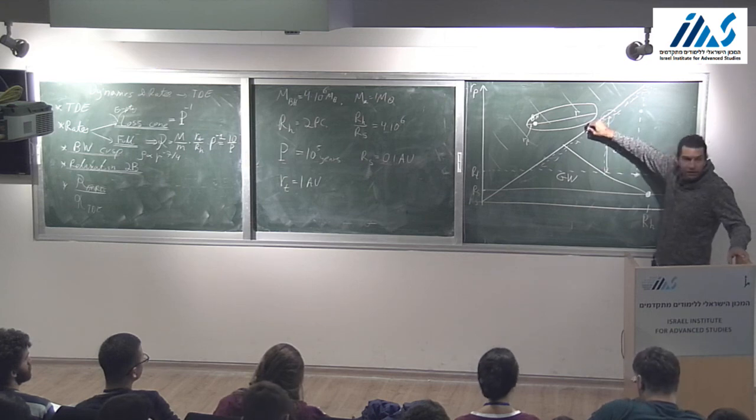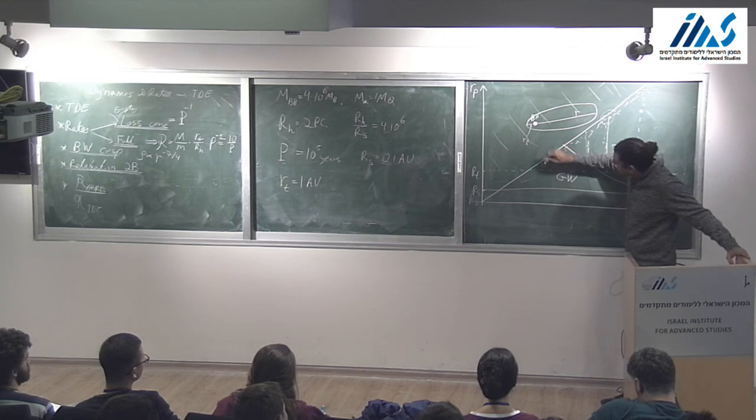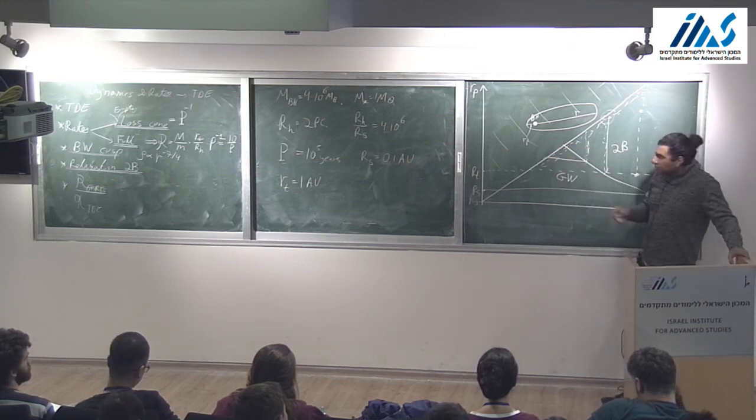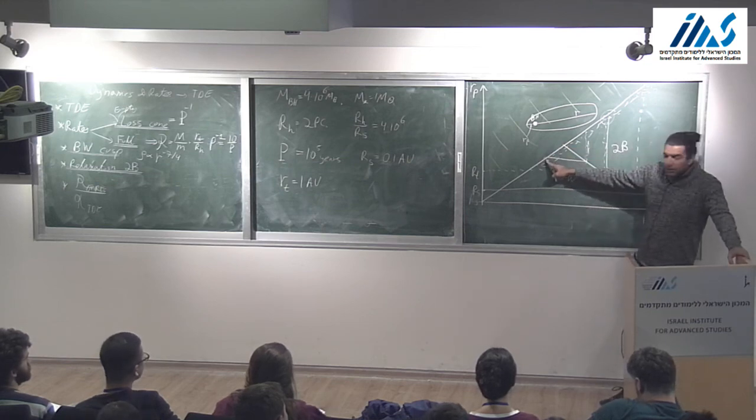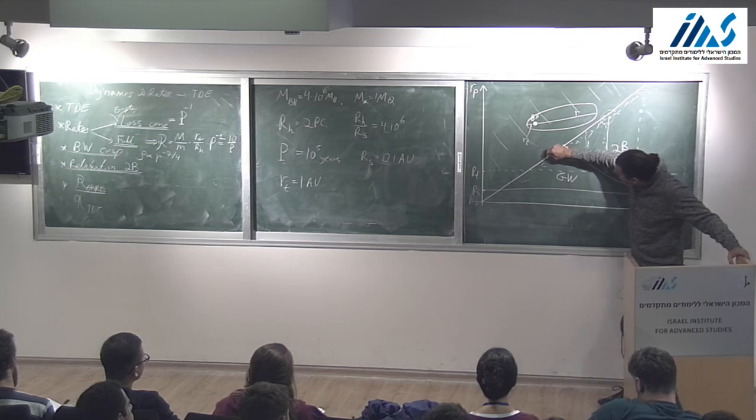What about this guy? Diffuses up and down, hits this line, turns to the left, becomes a circular orbit. It's still in the place where gravitational waves dominate, so scattering of other stars is no longer important.